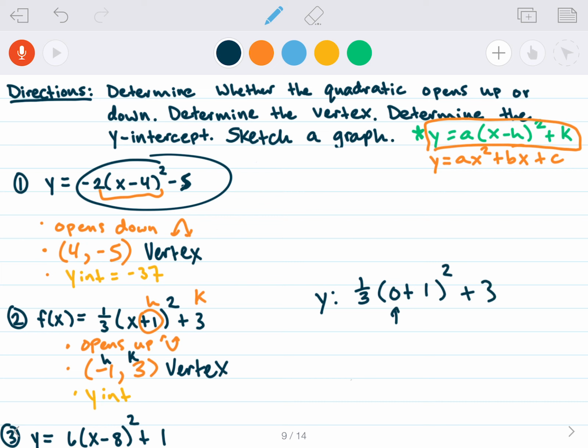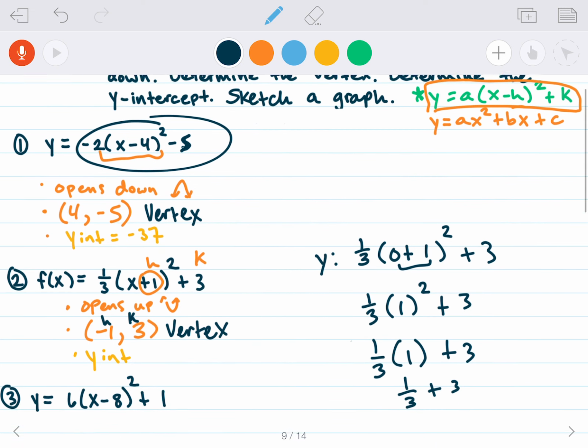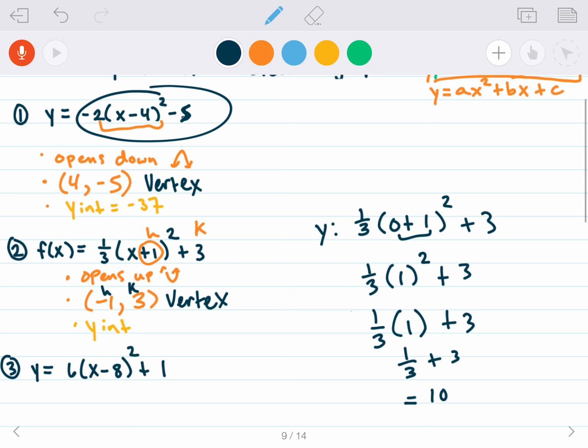I'm just replacing x with 0, and then I can simplify. 0 plus 1 is 1. 1 squared is 1. 1/3 times 1 is 1/3, plus 3 as a fraction is 10/3. Okay, so this is my y-intercept.